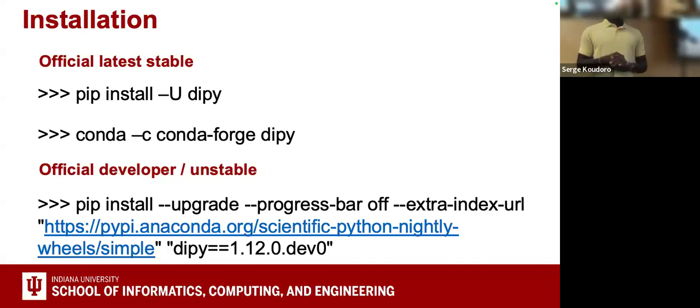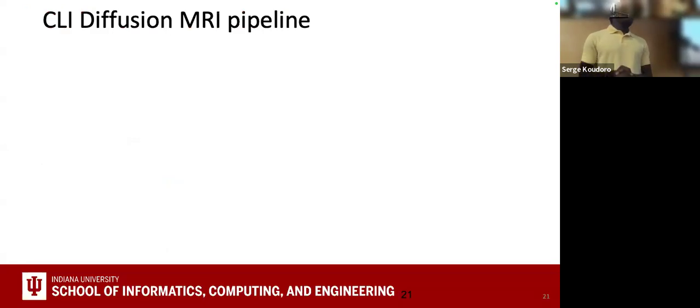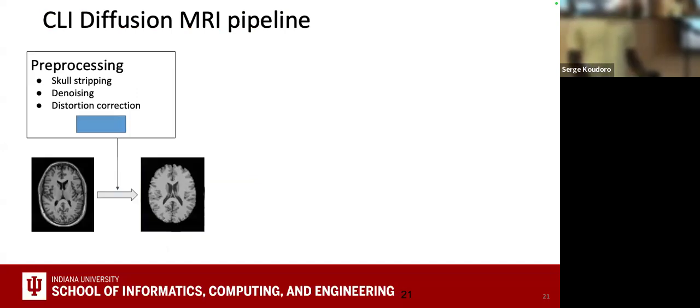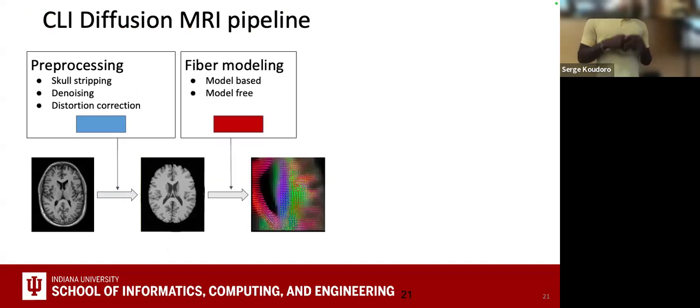So now that we have the prerequisites, let's go to the diffusion imaging pipeline. This is quite common as a diffusion pipeline. First you have your preprocessing step to clean your data. Then you go to the fiber modeling. So we go to another space, which is your image with a different representation. I will explain it more later.